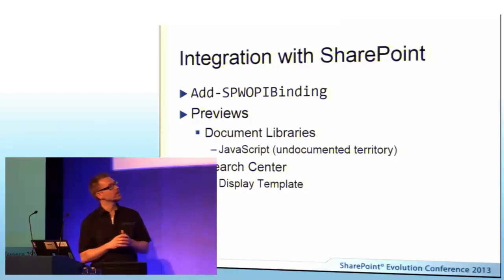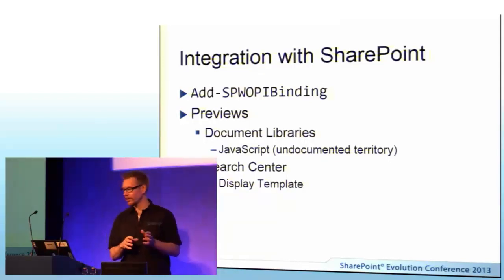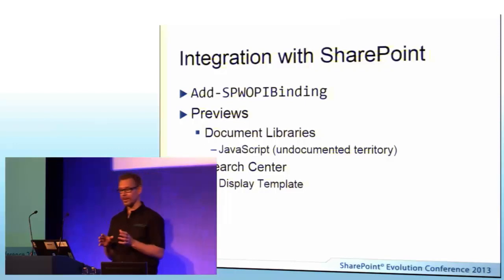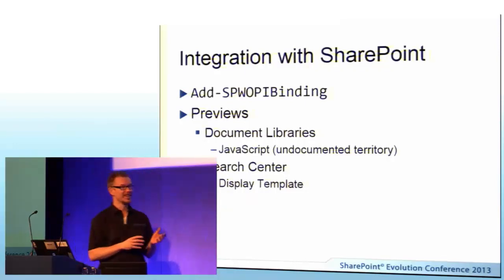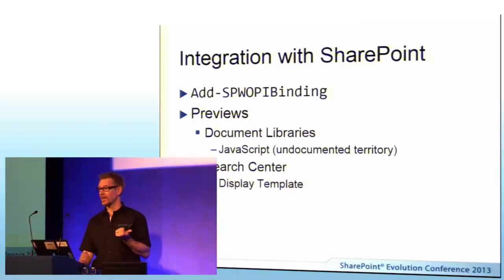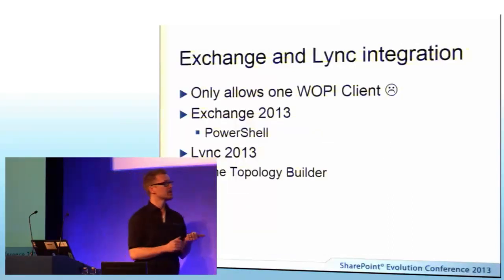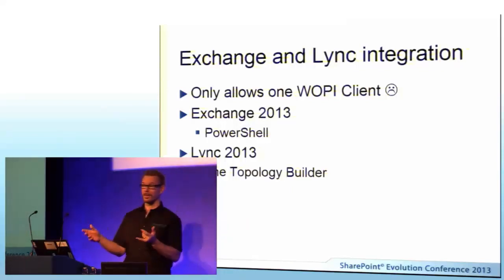So for document libraries, we actually have to go into an undocumented territory. It's more of a coincidence that I found out how it worked. So first of all, I didn't plan on having it in the session, but since we found that out, we can take a look at that one as well. But before that, I mentioned it earlier that SharePoint are the only server that I know of right now that supports several WOPI clients.